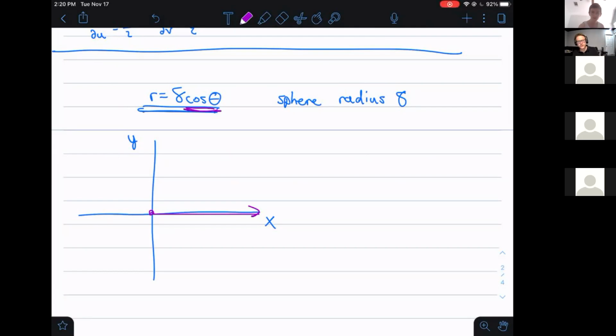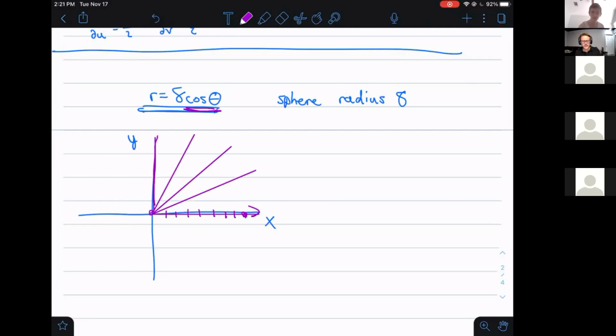Plug in 0 where you see theta, you get cosine of 0, which is 1. So you get 8 times 1 is 8. You're going to take 8 steps: 1, 2, 3, 4, 5, 6, 7, 8. And then you could plug in things like pi over 6, pi over 4, pi over 3, pi over 2.